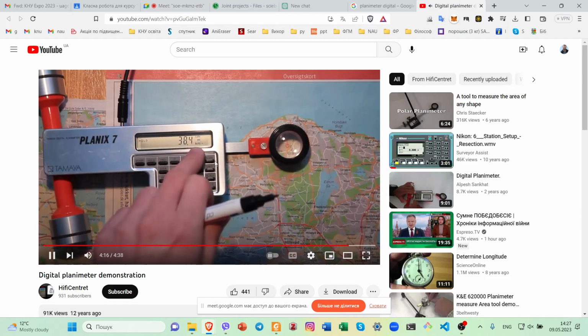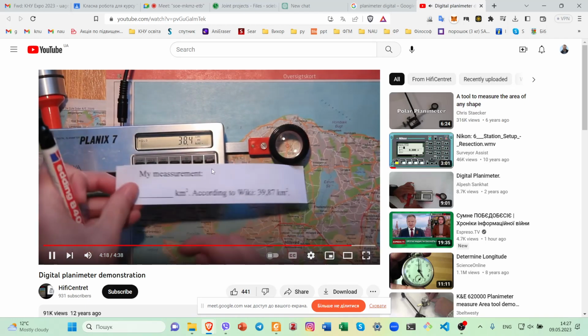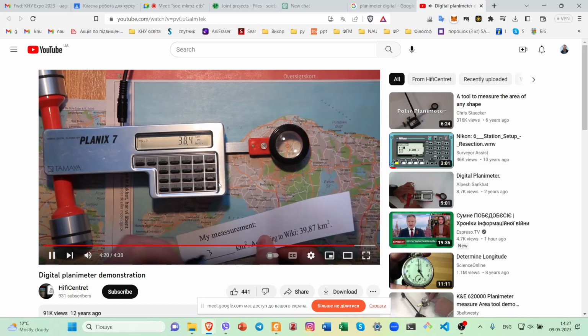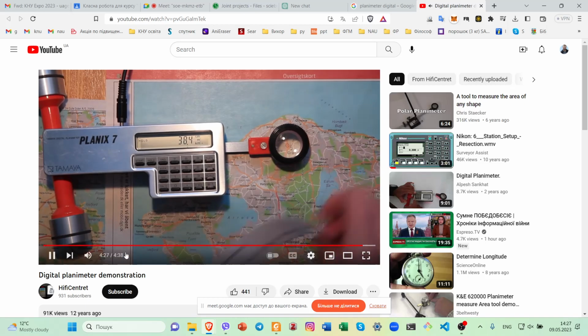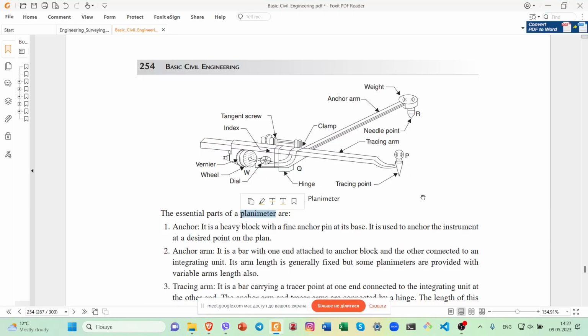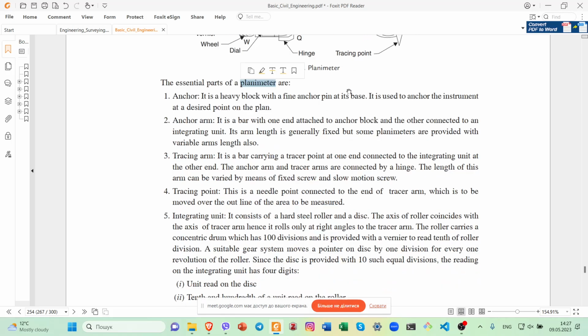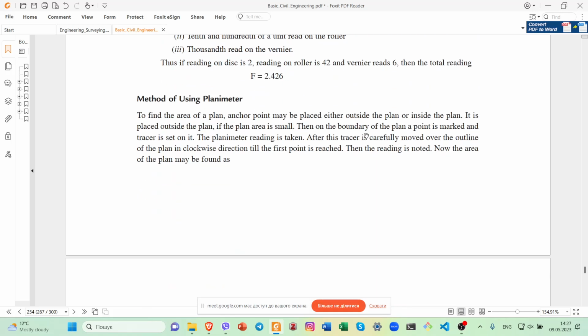Here you can see the total area of the lake. This kind of area computation you can use. And here is a mechanical planimeter, the method of using a planimeter.